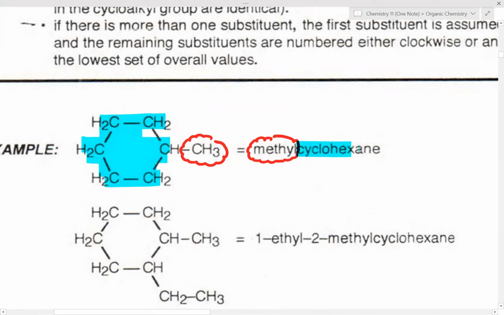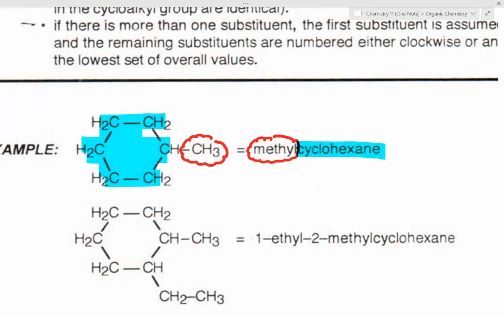This would be the cyclohexane. Okay? It's the same type of pattern. Now, notice, because there's one group, I did not need to put a number. Okay? If there's only one attached to it, you don't need a number.